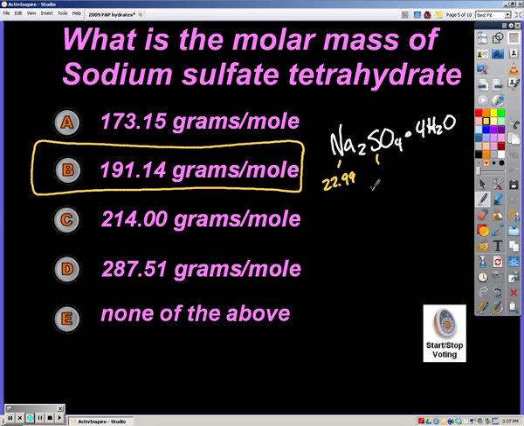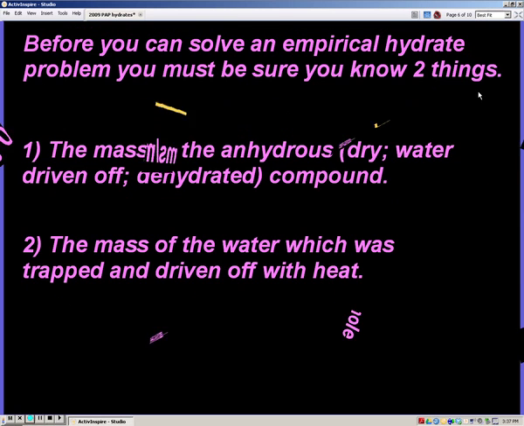Sodium was 22.99 times 2, sulfur was 32.07, and oxygen was 16.00 times 4. We had 4 waters at 18.02 times 4. And then we add all these up. Again, that is not a multiplication sign between sodium sulfate and water. It's just to separate it.